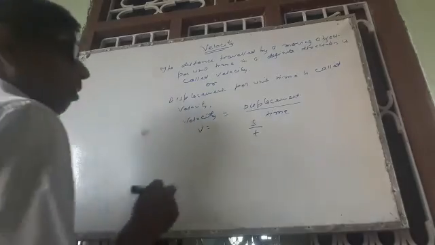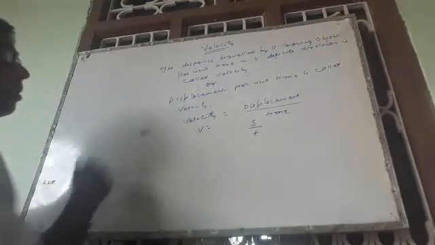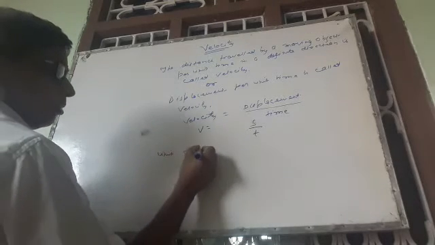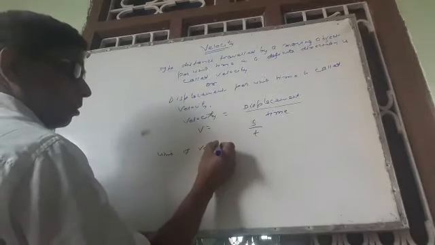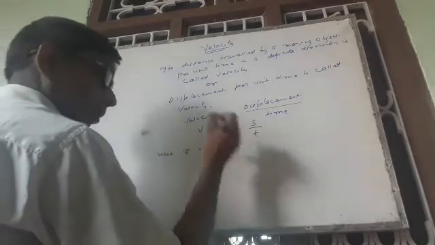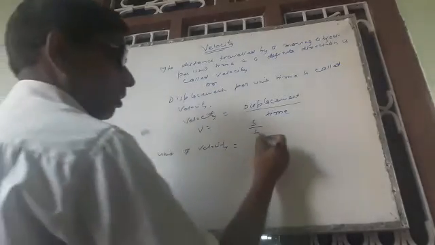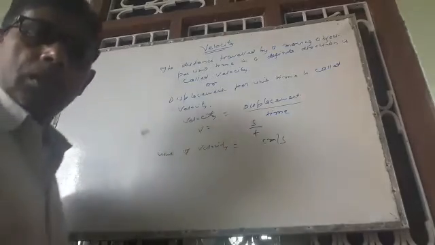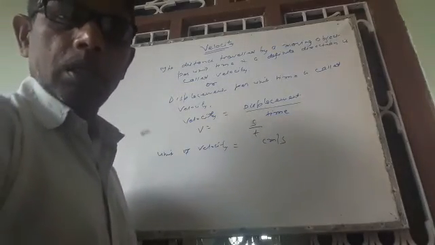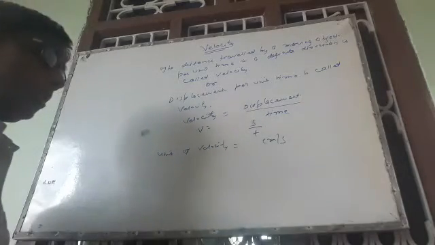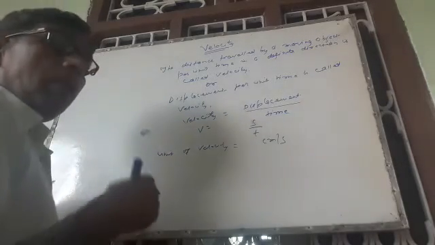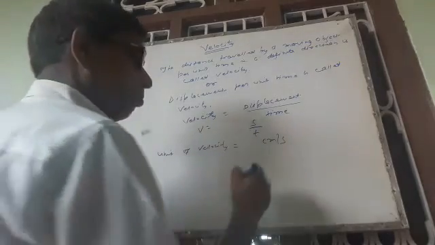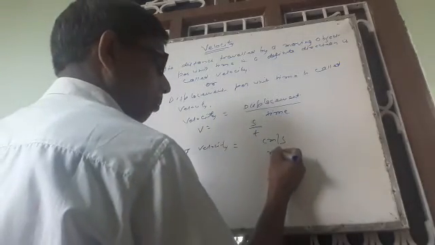Okay, now unit of velocity. Unit of velocity equal to centimeter per second. In CGS system, velocity is measured in centimeter per second. In MK system or SI system, velocity is measured in meter per second.